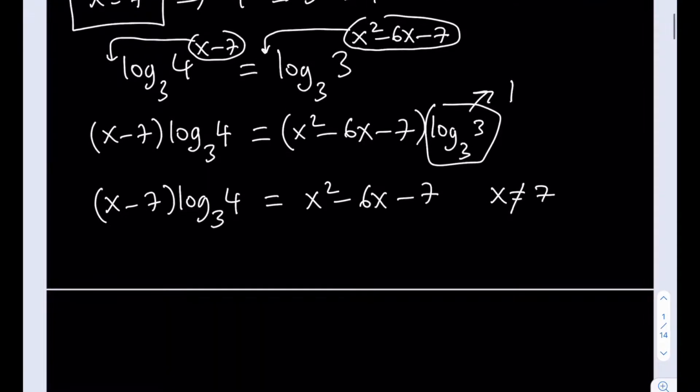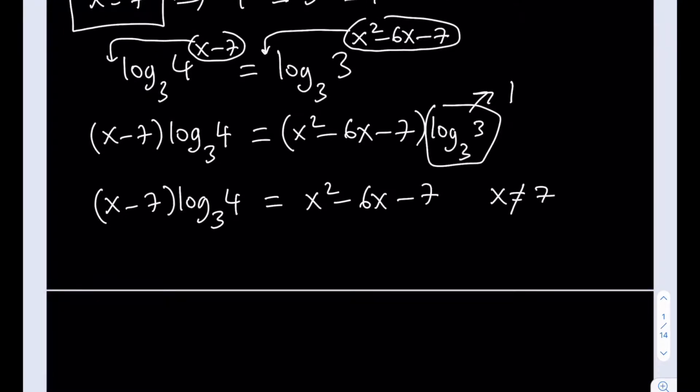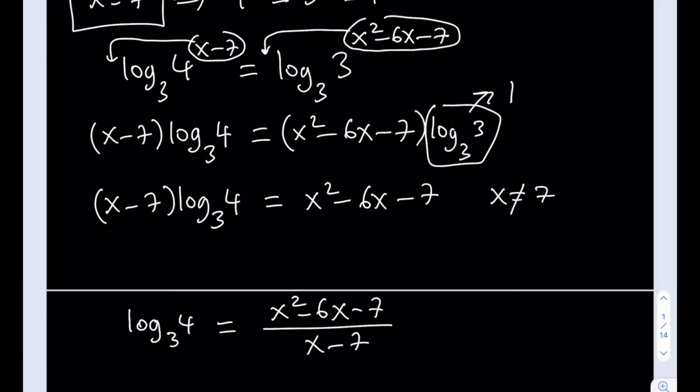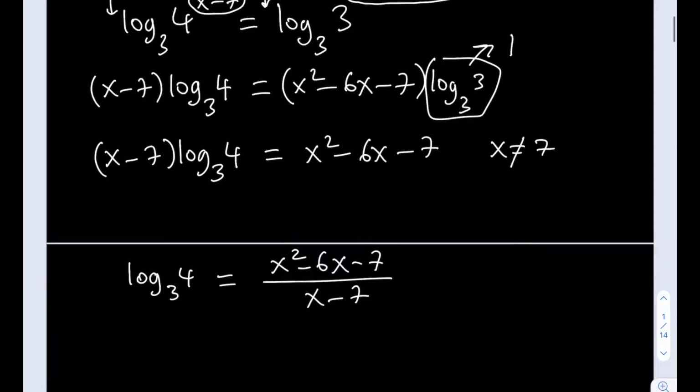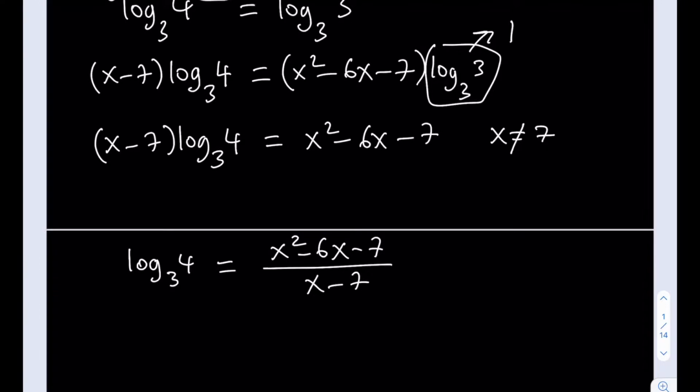Okay. All right. So if x does not equal 7, I'm able to divide. And that's going to give me log 4 with base 3 is equal to x squared minus 6x minus 7 divided by x minus 7. Okay. And as you know, the top is factorable. We talked about this before.